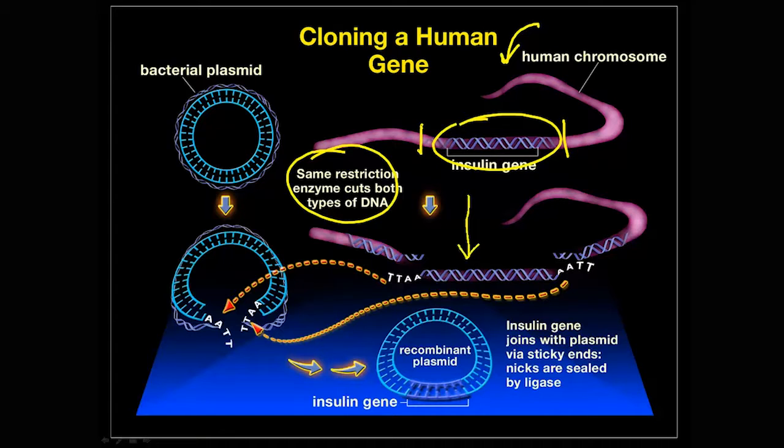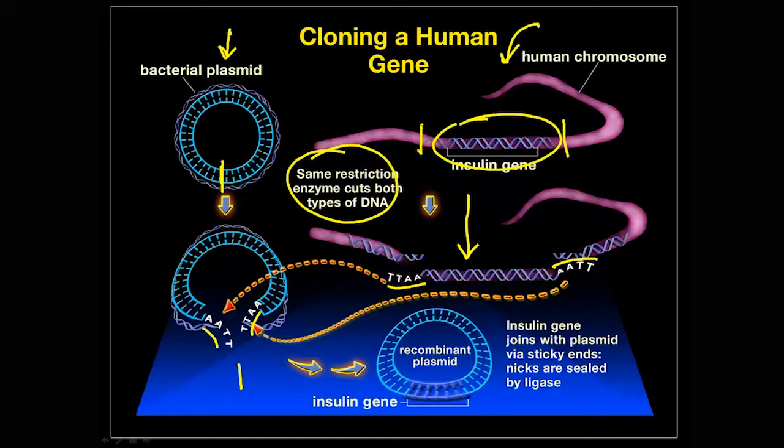Now look down here. We now have this piece of DNA that's got the human insulin gene on it, and it's got these sticky ends. TTAA, AATT, right? We took our cloning vector, which in this case is a bacterial plasmid, cut that with the same EcoR1, and now this is cut and it has the sticky ends.